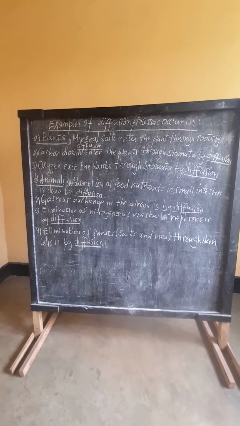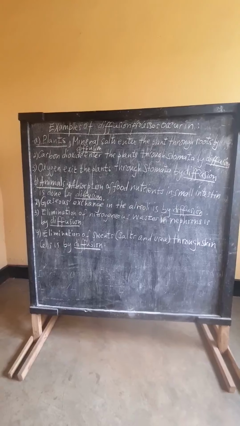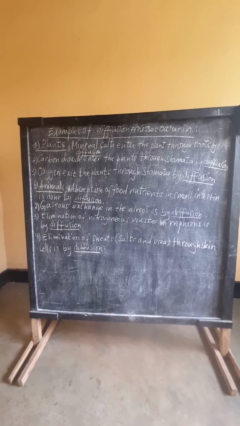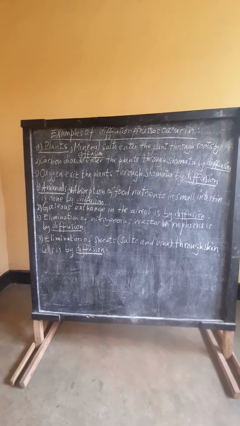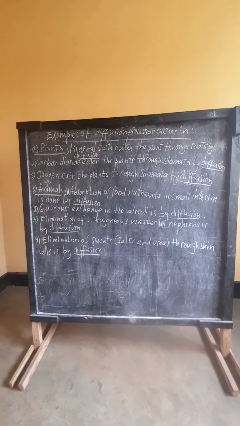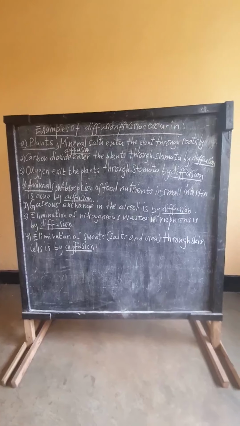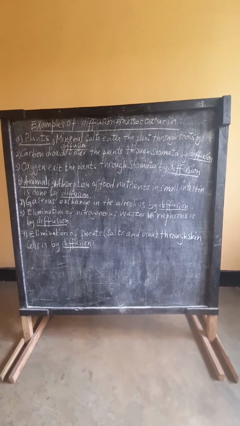The second example is how gaseous exchange takes place in the alveoli. That one is done by diffusion.